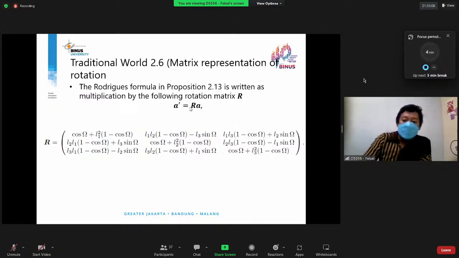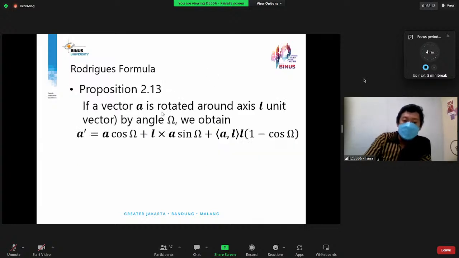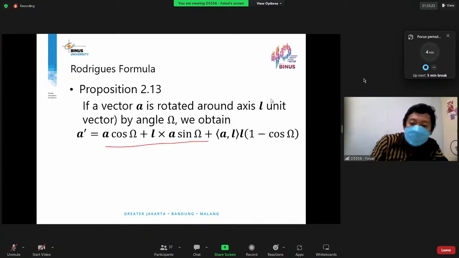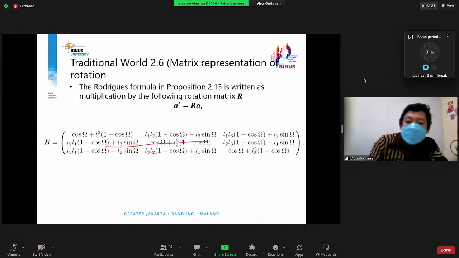The result from the matrix and the result from the formula in this proposition will be the same, as long as everything else, like A, is the same.